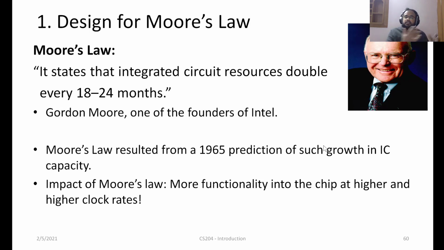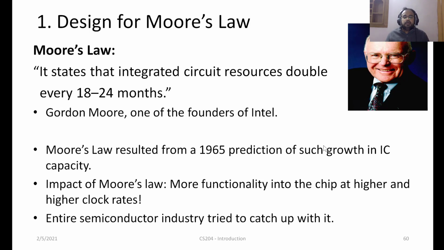It means that the mobile phone, which had some capability 2 years back, will now have better functionality, primarily because of the technology scaling. Like I said, the entire semiconductor industry tried to catch up with it, and in the process made it true.